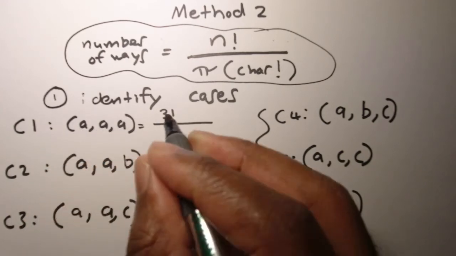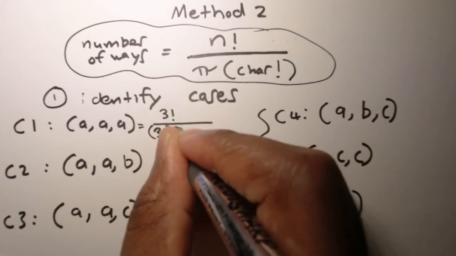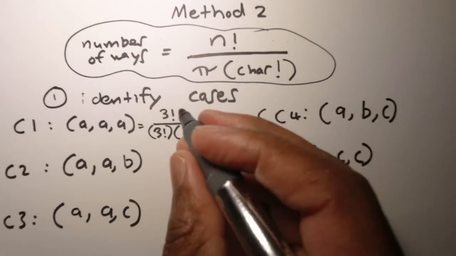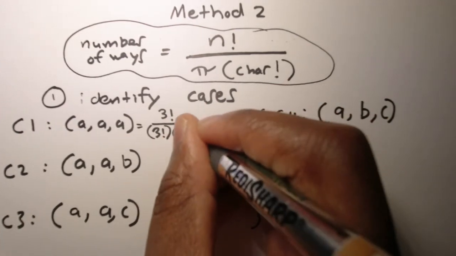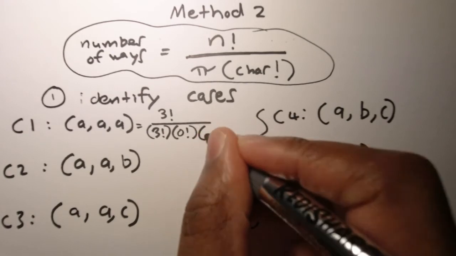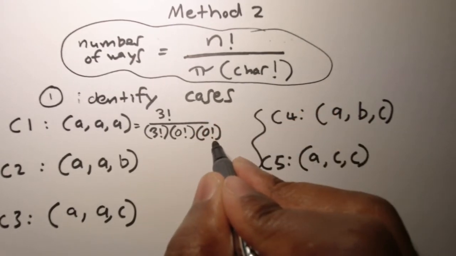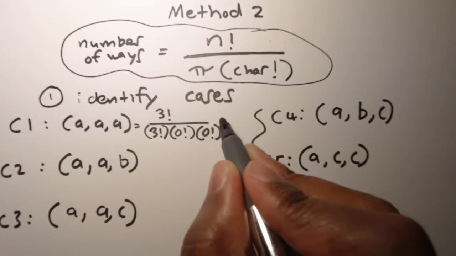We have 1, 2, 3 different A's, so we'll divide by 3 factorial, and then we'll multiply. Again, we're looking at the product of each factorial, so we'll multiply by how many B's we have. I see no B's, so 0 B factorial, and then we have no C's, so we'll multiply by 0 C factorial. So if you do this calculation, you will end up getting 1.